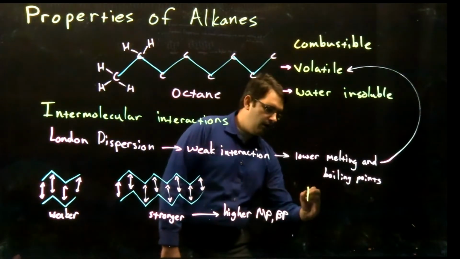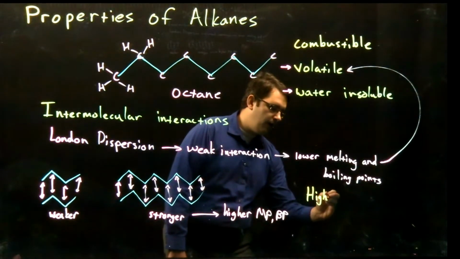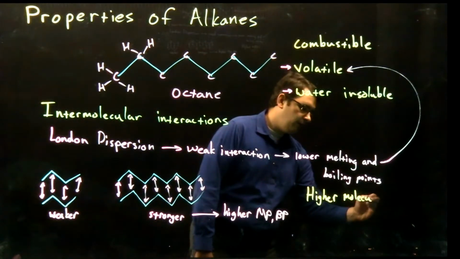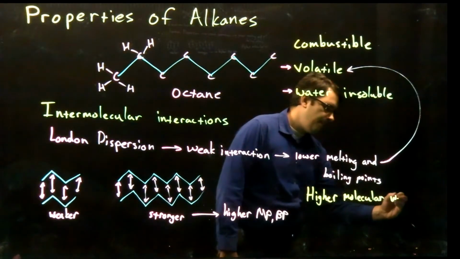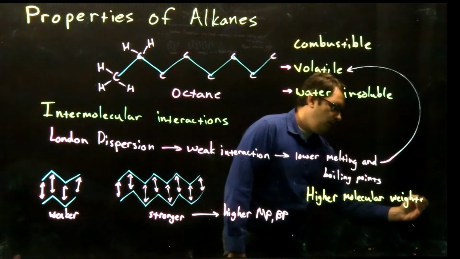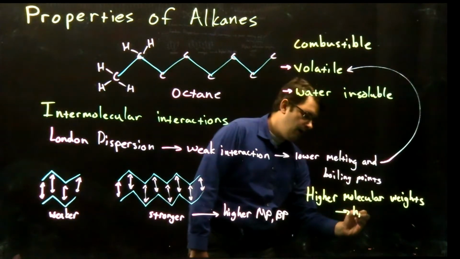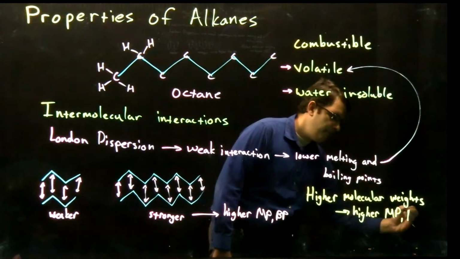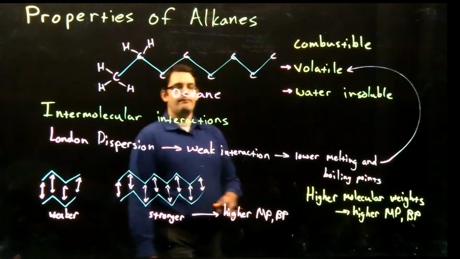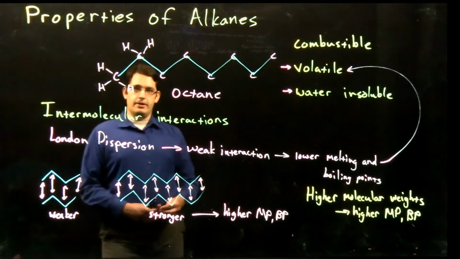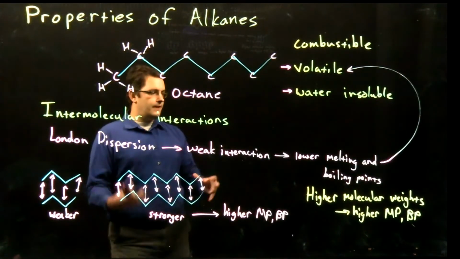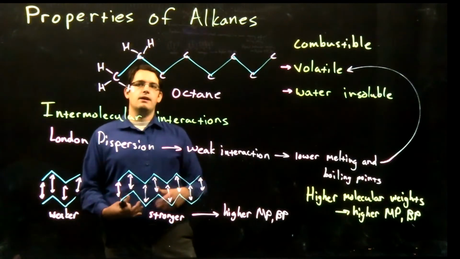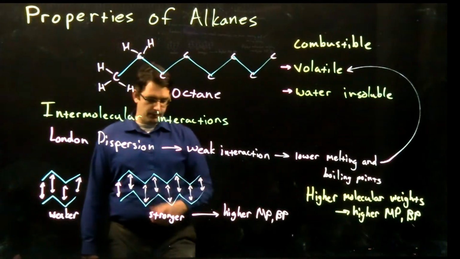So we can conclude then that for all of our alkanes, higher molecular weights, so larger alkanes, will lead to higher melting points and boiling points. So that's our first key conclusion. When we look at different alkanes, the size of our alkane is going to relate to the strength of our interactions and our melting point and our boiling point.